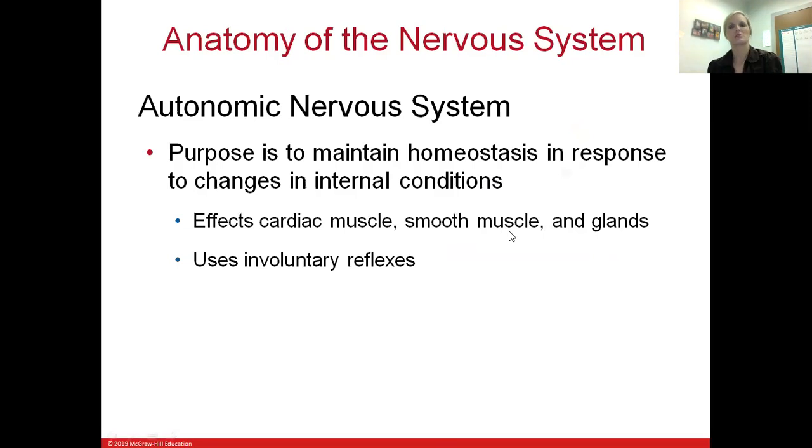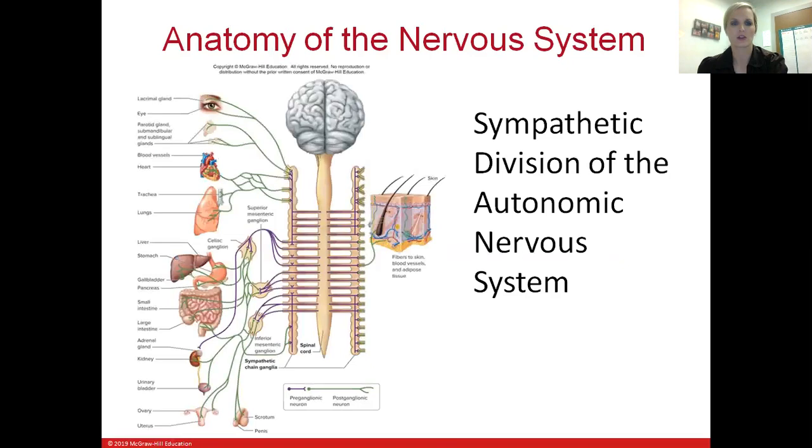Because here's, again, the sympathetic response. And I think that's what we might be getting ready to talk about. It's going to show that our sympathetic division of the autonomic nervous system really controls all of these different things. Think about if you're in some type of emergency situation and your body is in fight or flight mode.